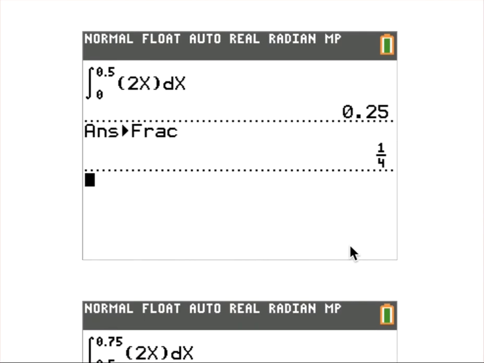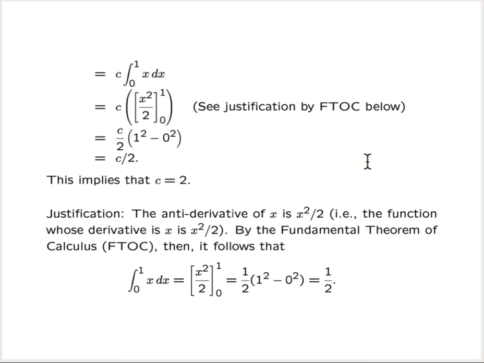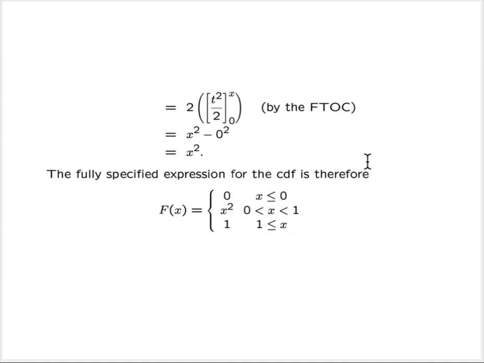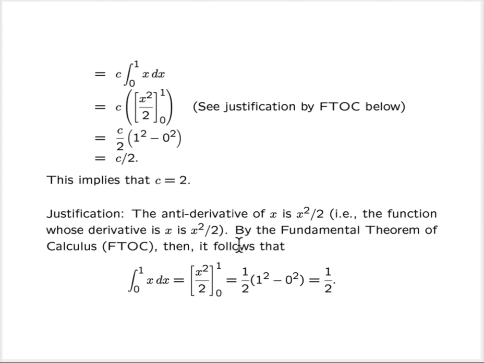Now, let me go back to the notes here. Suppose we want the probability that X is less than or equal to 1/2. This is going to be given by the integral, as we saw.